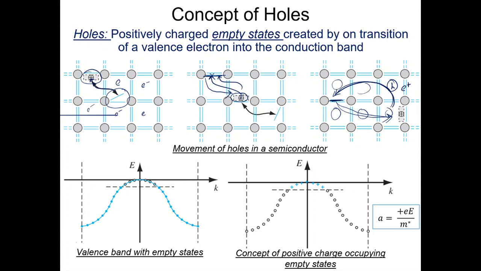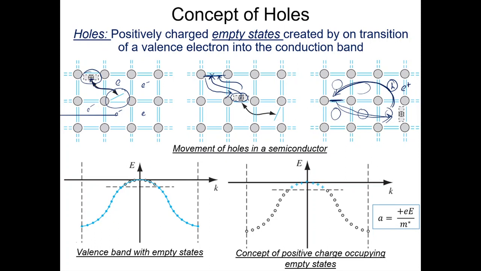Now the question is when this movement will happen and why it doesn't happen at t equals to 0. At t equals to 0, all the valence states are completely occupied.